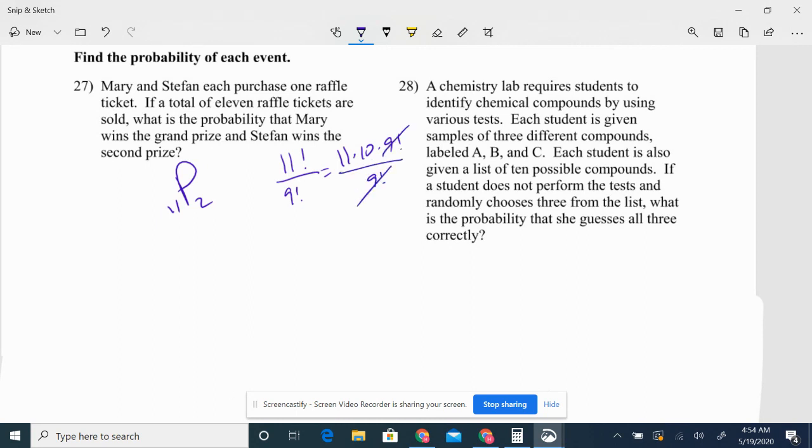So 11 times 10 is 110. Now keep in mind, this is how many possible ways the tickets can be rearranged. But obviously, Mary just got one ticket. Stefan just got one ticket. So the probability that they win this way is 1/110.